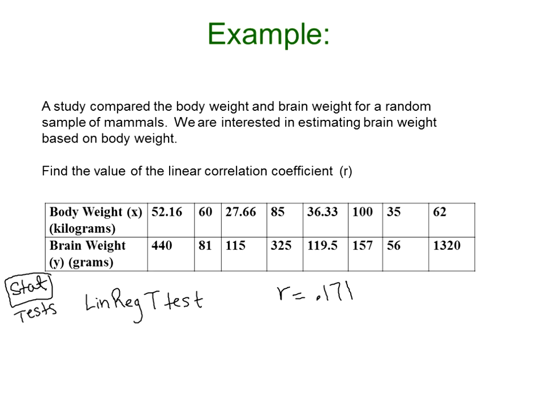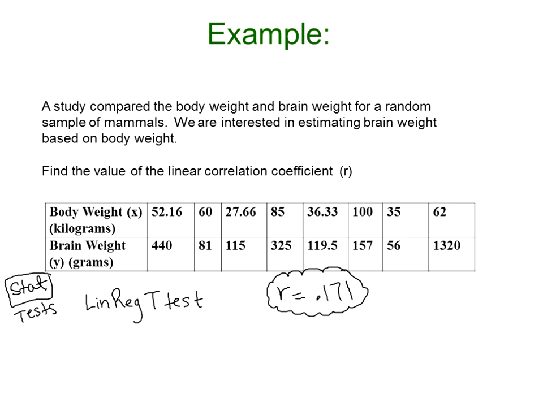Okay, so that's my linear correlation coefficient. This value of R measures the strength of the linear relationship. Notice that it's closer to 0 than it is to 1. So it doesn't appear that I have a linear correlation between these two variables.